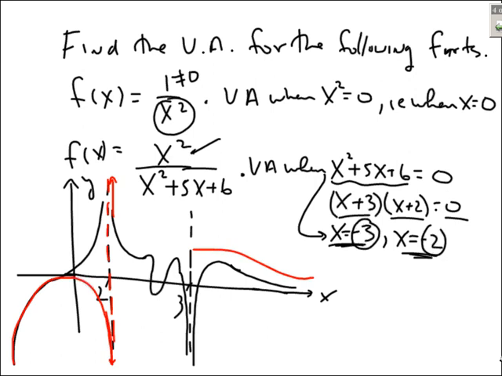It's either going to go up to positive infinity or it's going to go down to negative infinity. That's what's going to happen at vertical asymptotes. Each and every time you have a vertical asymptote, that is what's going to happen. You cannot think of a case when it wouldn't.